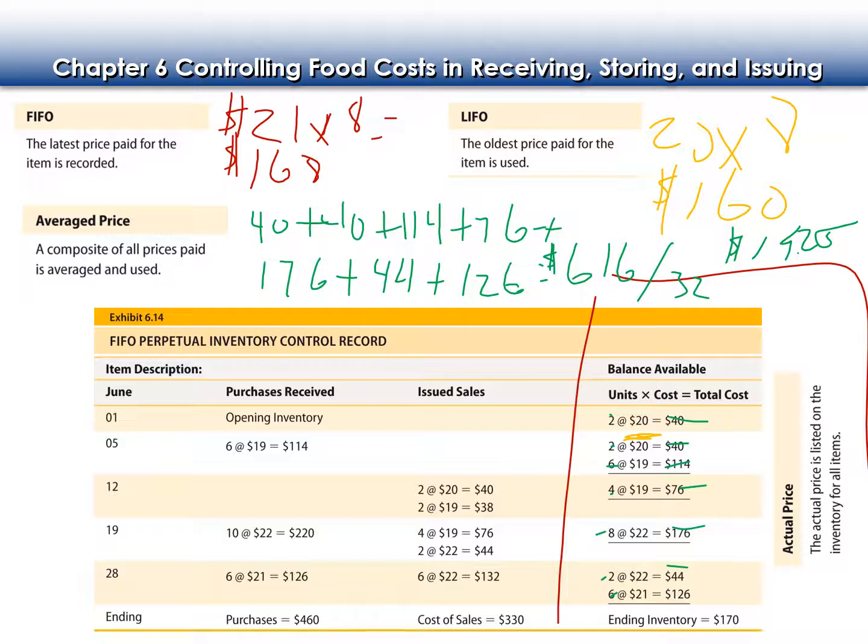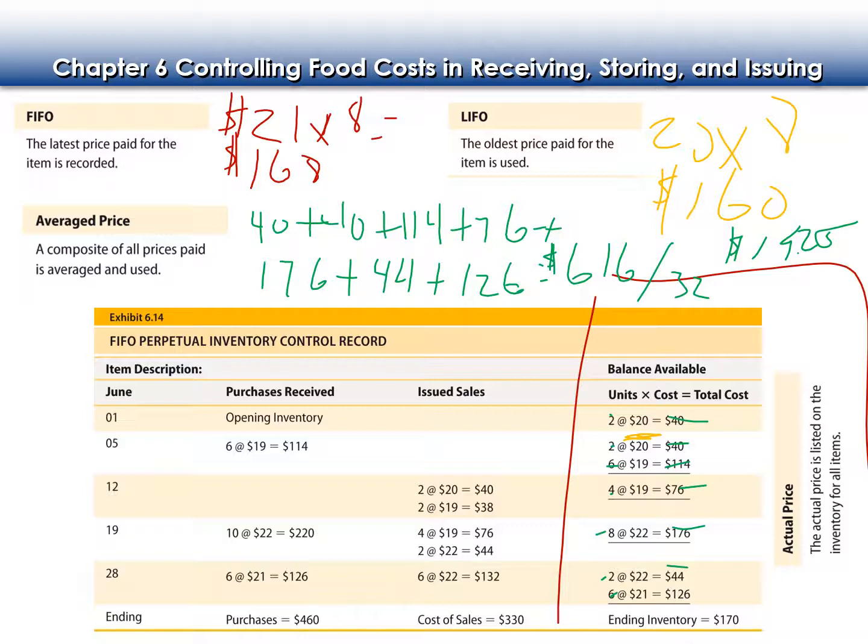If it's a dry good, I might be able to do an actual inventory because sometimes it's easier, especially if it's a product that we have more of that we use less often. It's easier just to use the FIFO because you're going to have a lot of that product and you might have been receiving it along the way.